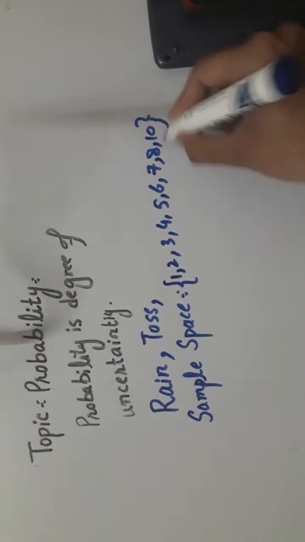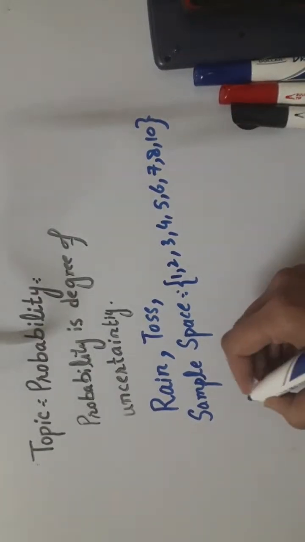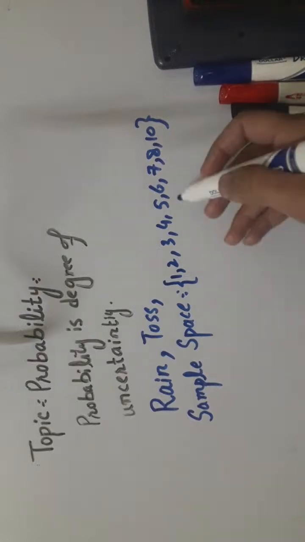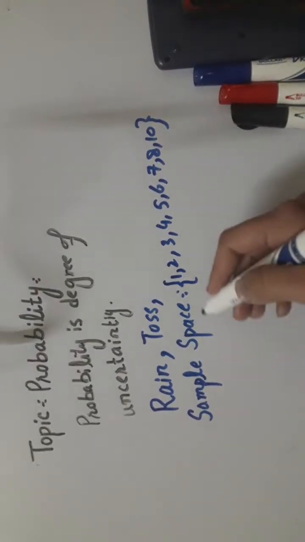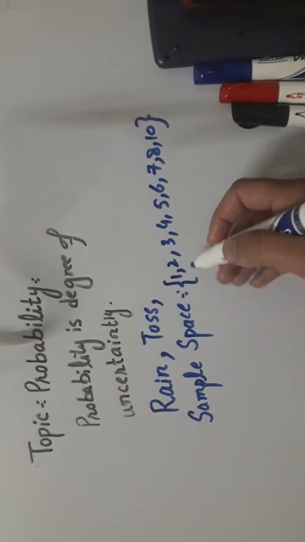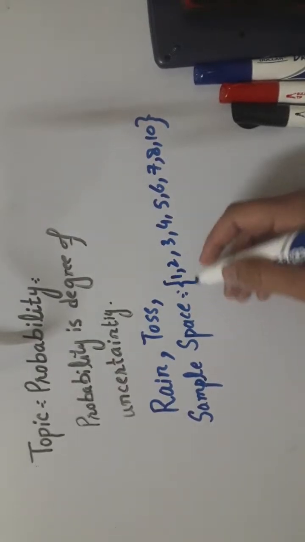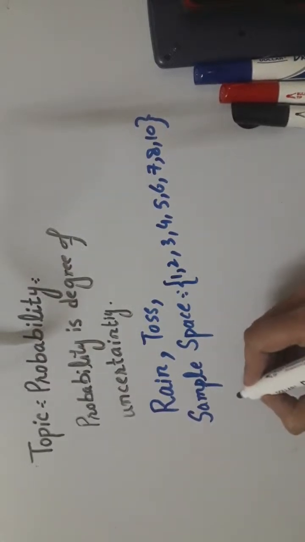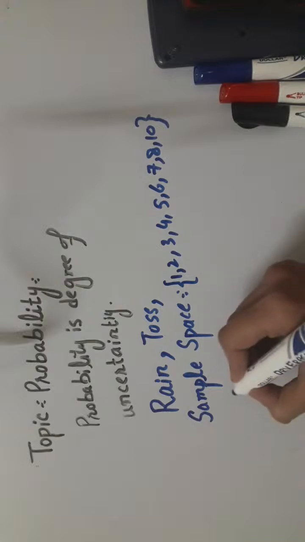This is your sample space. Or if you studied the sets, in sets we take the universal set. So same as the universal set in which all the possible elements, so sample space is same as the universal set.